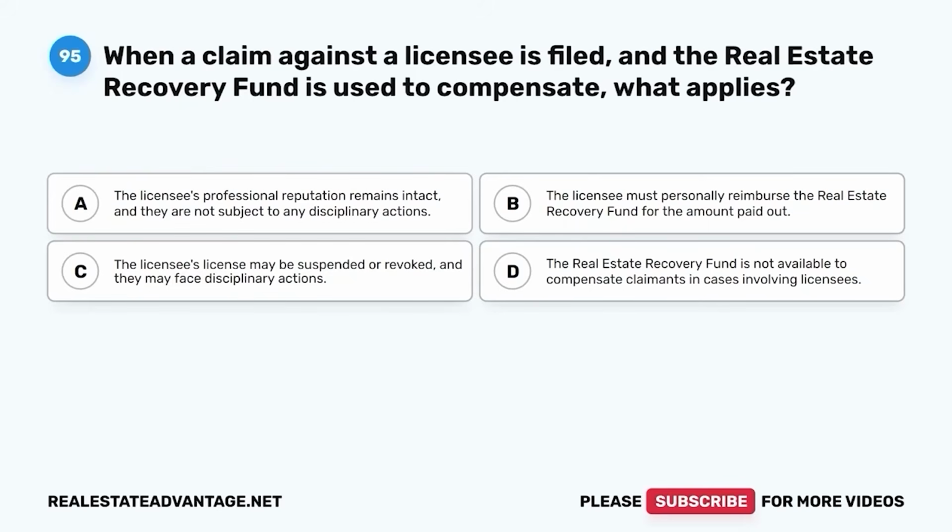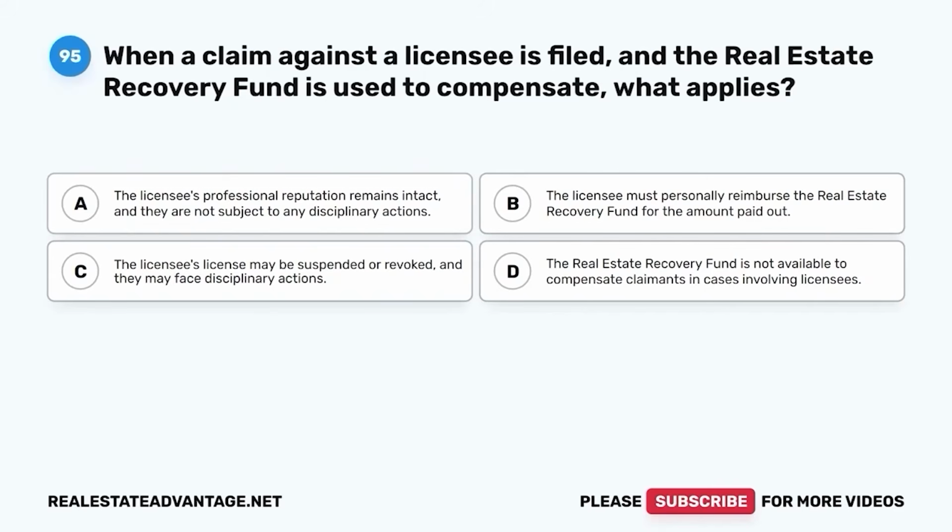Question 95. When a claim against a licensee is filed and the Real Estate Recovery Fund is used to compensate, what applies? A. The licensee's professional reputation remains intact, and they are not subject to any disciplinary actions. B. The licensee must personally reimburse the Real Estate Recovery Fund for the amount paid out.